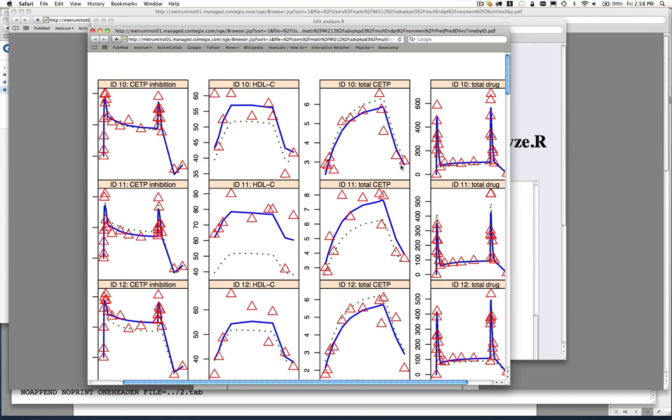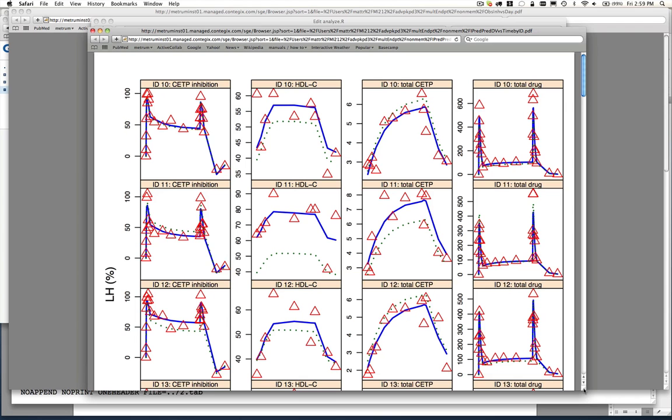CETP. One thing that could be criticized about this is that you didn't get all the way back down to baseline and back up again. And so you don't know if you're truly observing any rebound phenomena. So that might be something you want to feed back to the team: can I get data for a little further out next time? And then also you're fitting the PK here as well.